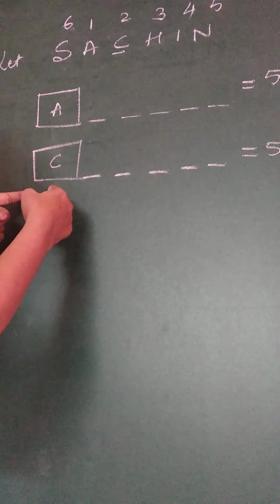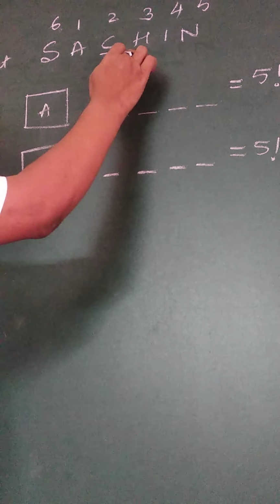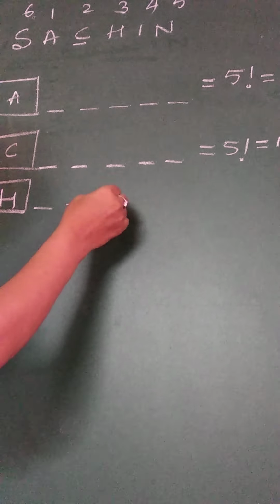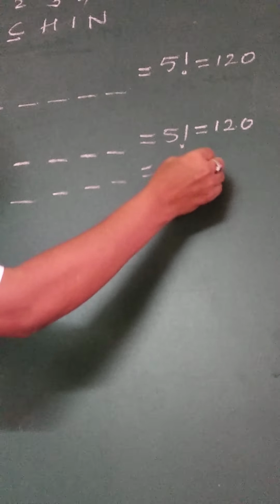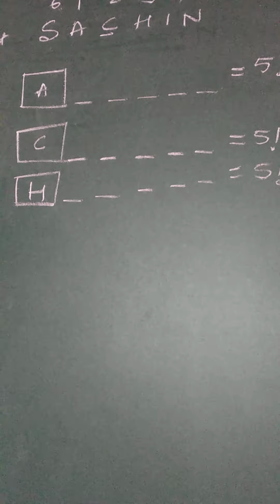After C, in the dictionary order, the next letter to come is H. How many words can be framed by keeping H in the first position? Similarly, 5 factorial, which is again 120. So there are 120 more words after A and C where Sachin will not come.